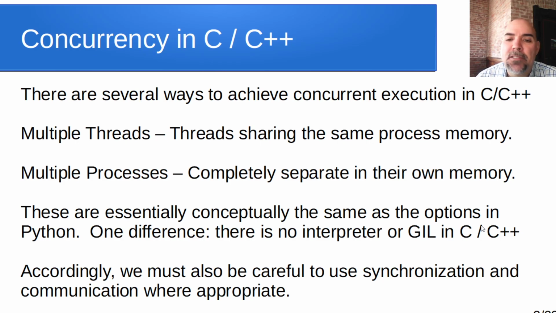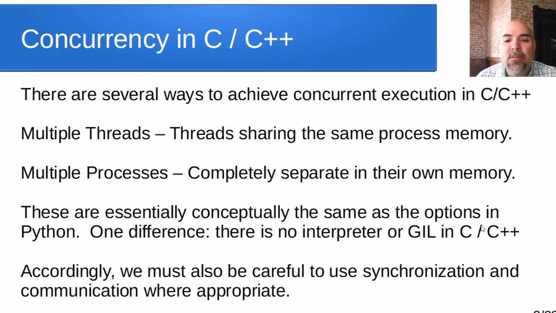The real difference is that threads are all within one single process memory space, an allocated memory block, meaning they can share global variables, they can share data. Whereas if we create separate processes, those are going to be in their own completely independent, isolated memory spaces. The processes could still communicate, but they're all kind of walled off from each other in their own memory unless we implement shared memory of some sort.